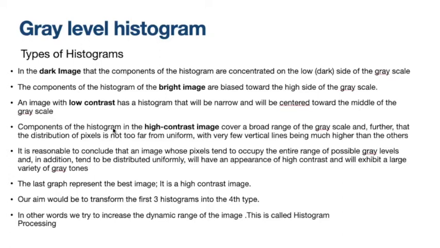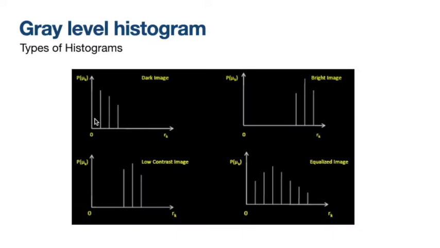In a dark image histogram, the components of the histogram are concentrated on the low side or dark side of the grayscale. And if you see the bright image histogram, this is just the opposite of the dark image. Here the graph will be more concentrated to the bright side or the high side of the graph. See, here it is concentrated to the right side.